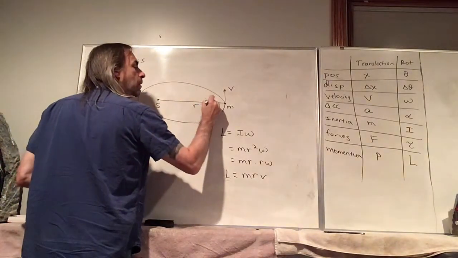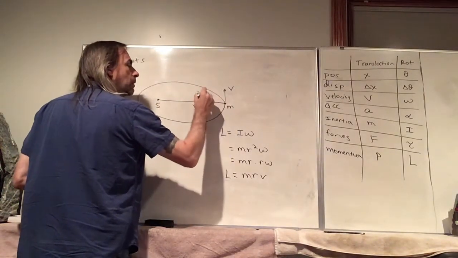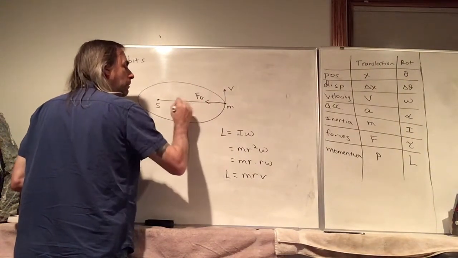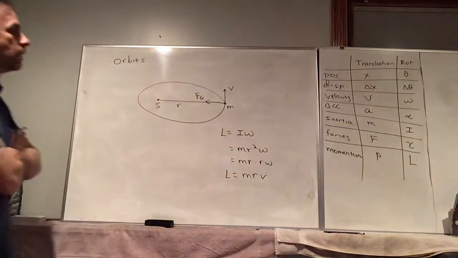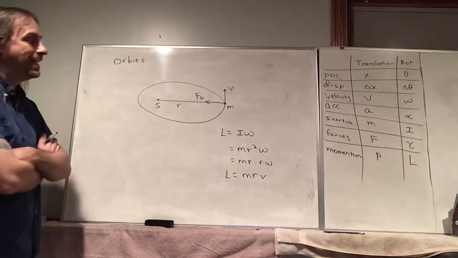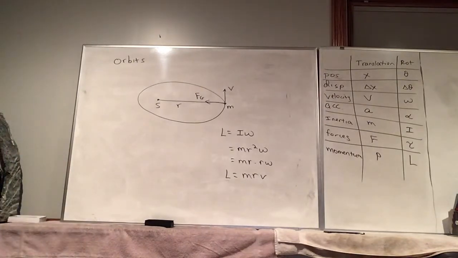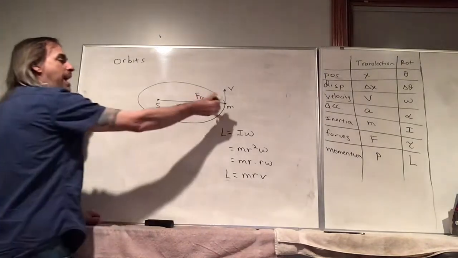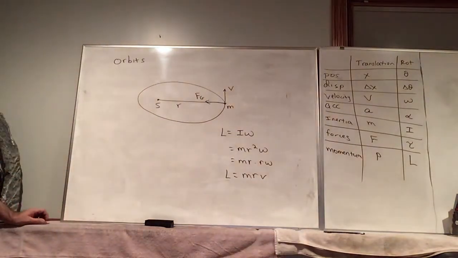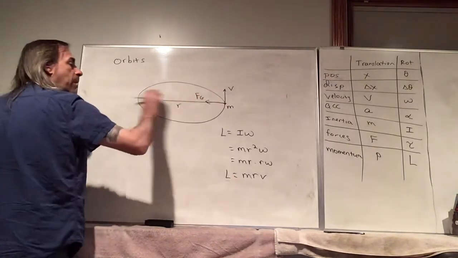However, the torque acting on this object due to the force of gravity is zero. Why is it zero? Because the force of gravity is directly towards the sun, and so the line of force passes right through the sun.